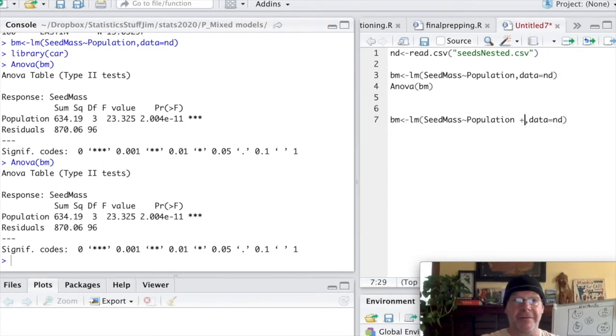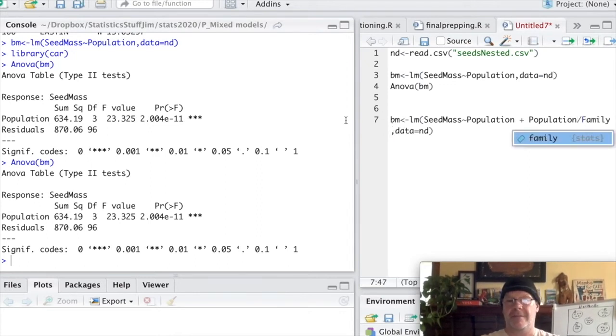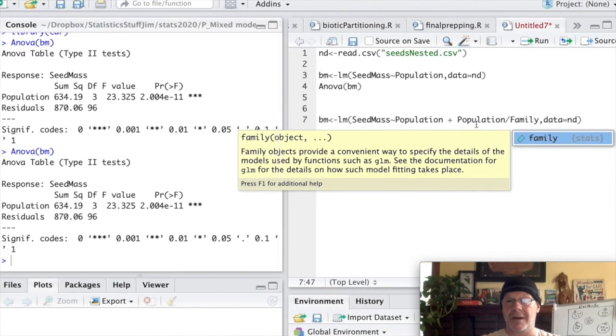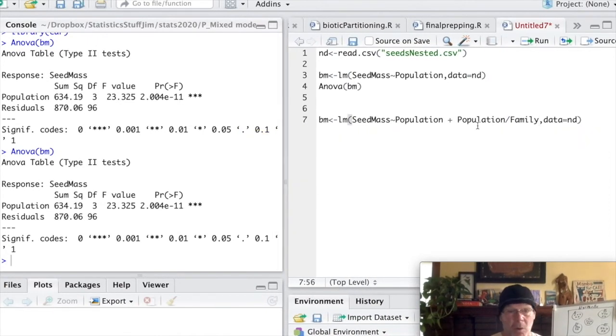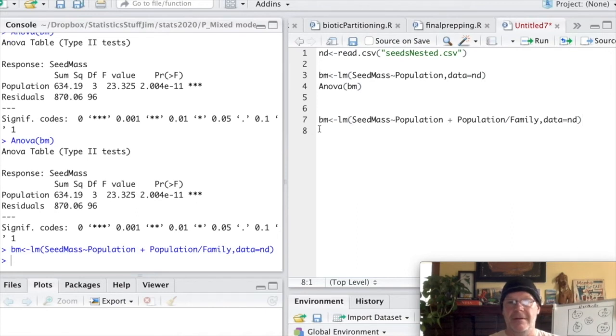We would say plus, and then population, once again, and then family. Okay, so this is the kind of code I could write. This is the traditional older way of setting this up, both in R as well as other programs. If I go ahead and run that, now let's do an ANOVA on that particular bad model.